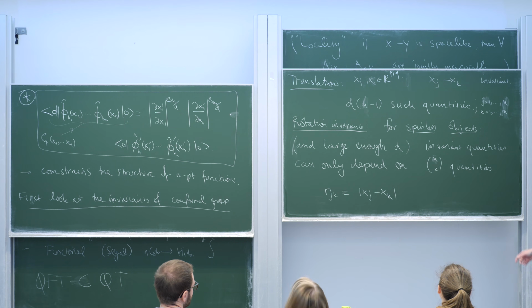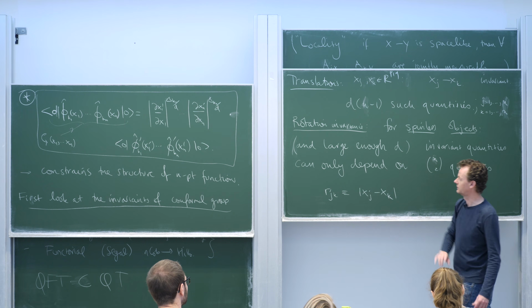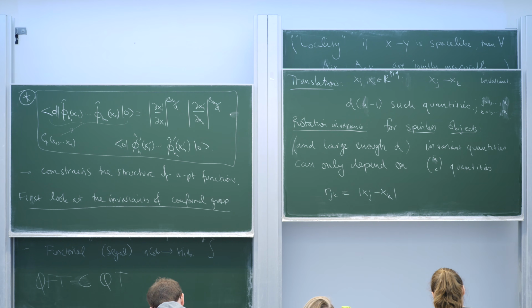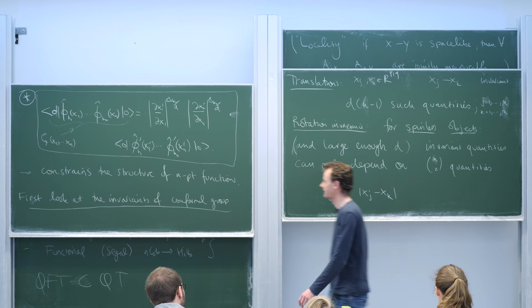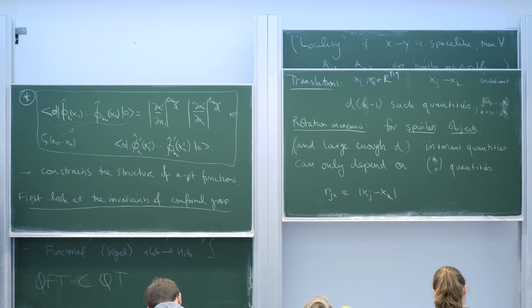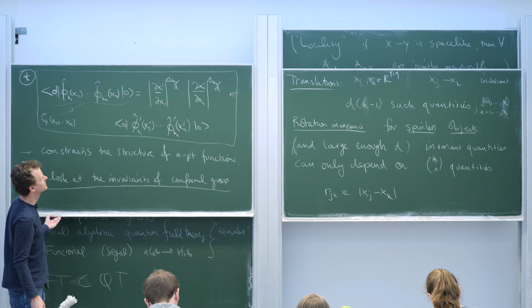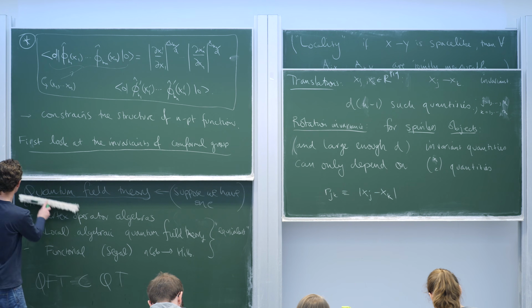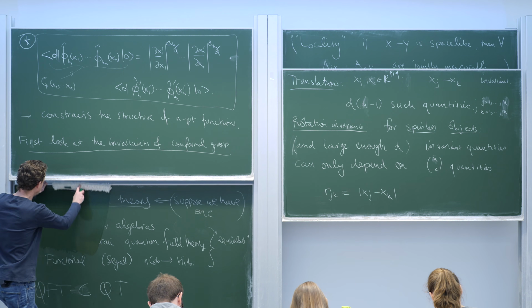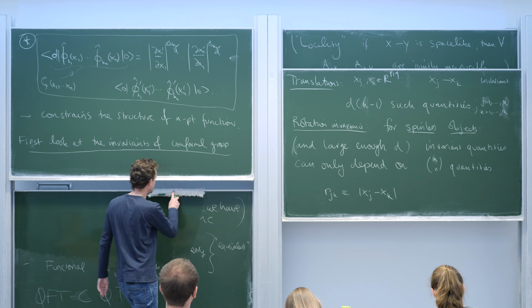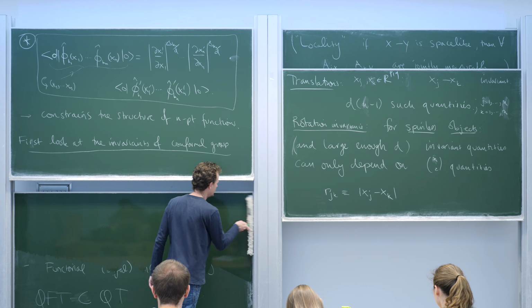So we're left with n choose two such quantities here that an invariant quantity can depend on. But wait, there's still more. We're not done with all the possible conformal transformations.